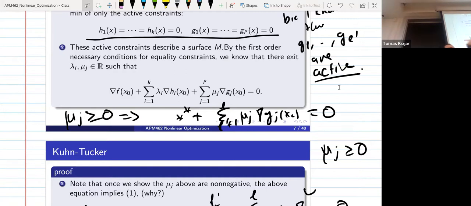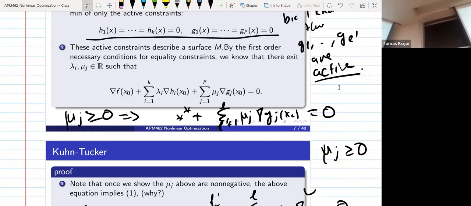But for boundary points, you have to have the gradient along the feasible directions be non-negative, like when you dot it with v.